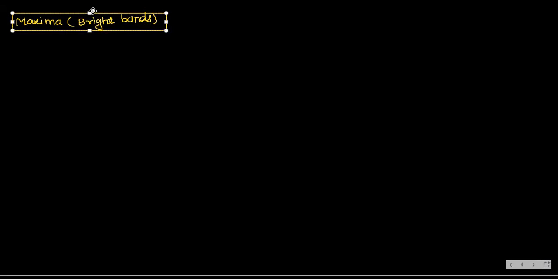Right. Now, when point P will be a bright spot and when it will be a dark spot, those are also conditions we have to learn. So see here now, maxima. Maxima means bright bands, or point P will be bright.